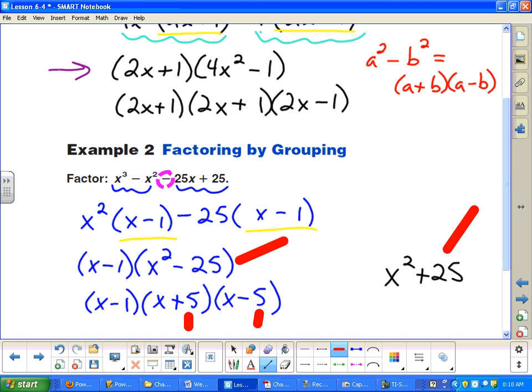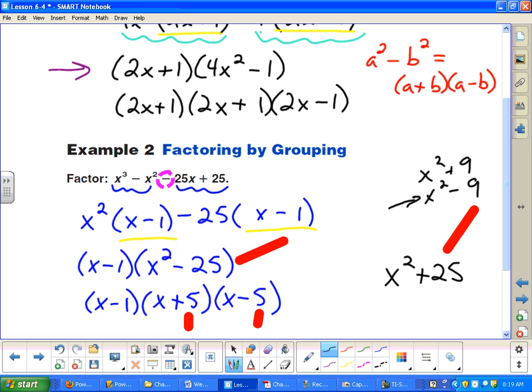Right? So we're going to look at it using x squared plus 9 and x squared minus 9. Because 9 is a square, right? It's 3 squared. So for this one here, I'm going to have zeros at plus and minus 3. So let's see what the graph looks like.